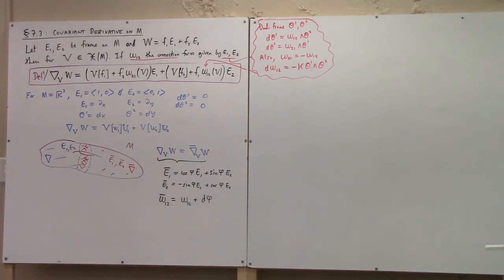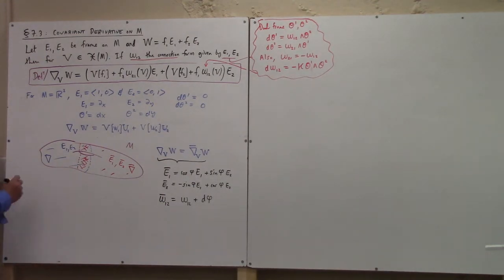O'Neill says that there exists, in fact, a unique covariant derivative which satisfies certain properties. What are the essential properties that the covariant derivative has to satisfy? I'll write them down.